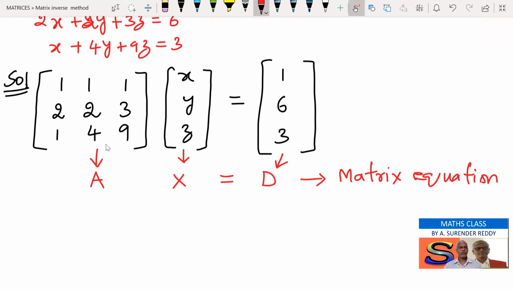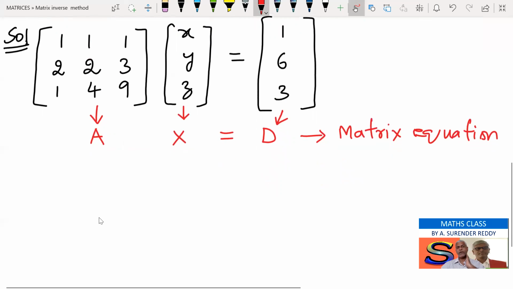Here A is a coefficient matrix, X variable, D constant matrix. So taking A, we have to find A inverse.